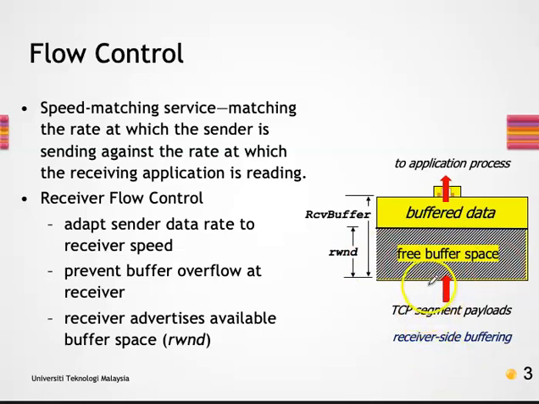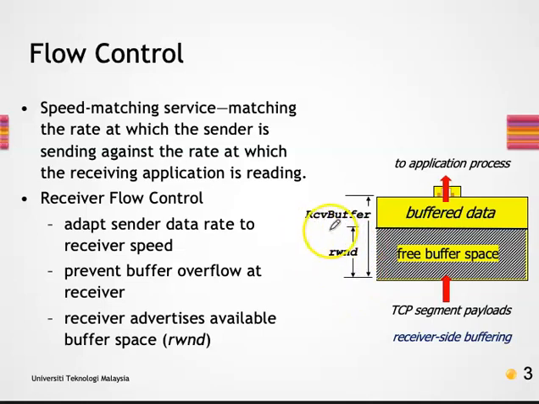The receiver advertises this free buffer space by including this RWND value in the TCP header of receiver-to-sender segments. The sender will limit the amount of data to this RWND value, and hence it will guarantee the receiver buffer will not overflow.